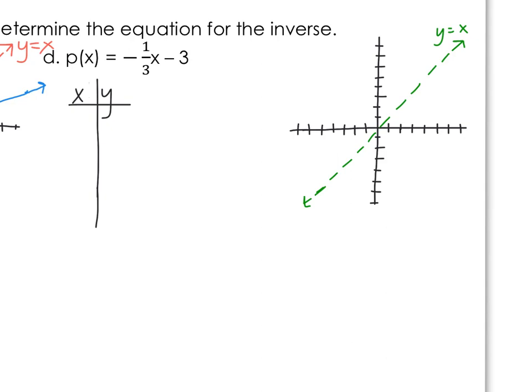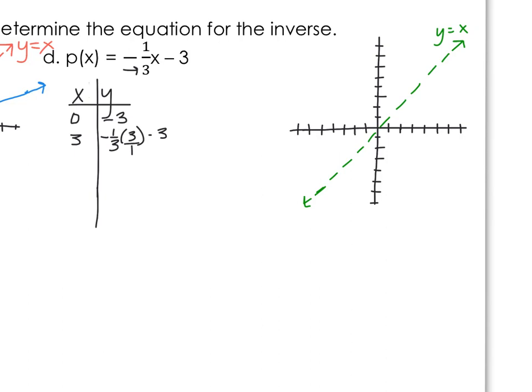A great point to start with is 0. If you plug in 0 for x, your output is negative 3. But with this denominator of 3, if I pick 1, I'm going to get a fraction. So I'm going to move over on my graph to positive 3. And if we take negative 1/3 times positive 3, negative 1/3 times 3 is just negative 1.